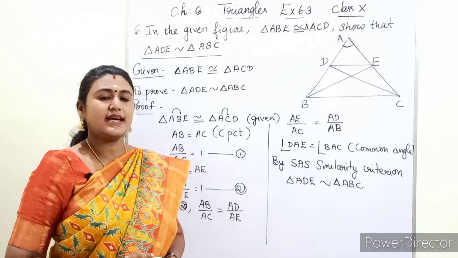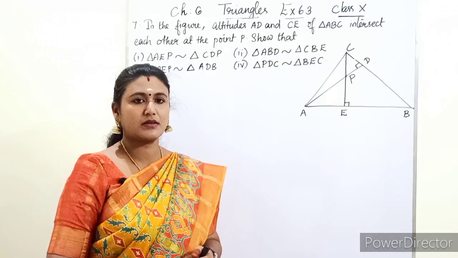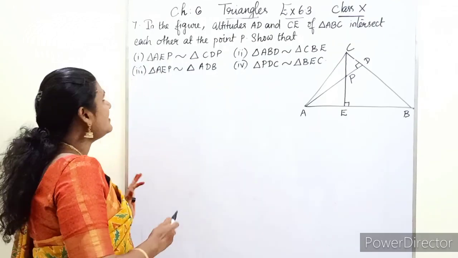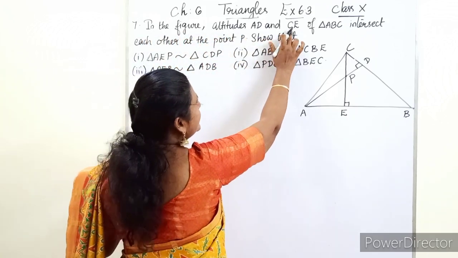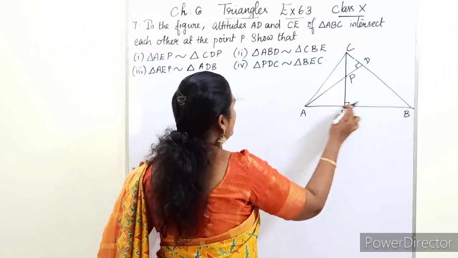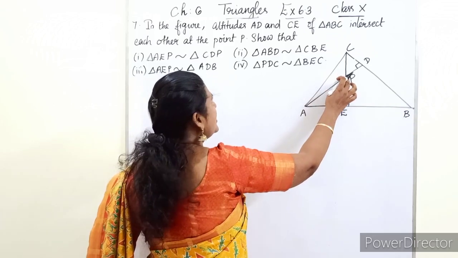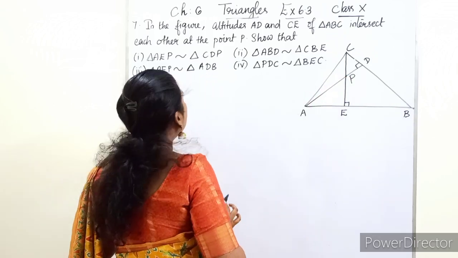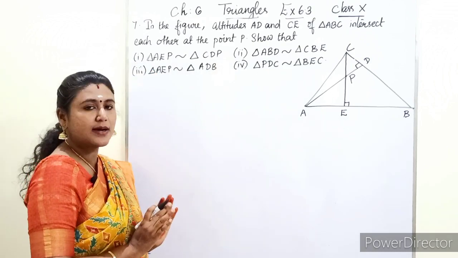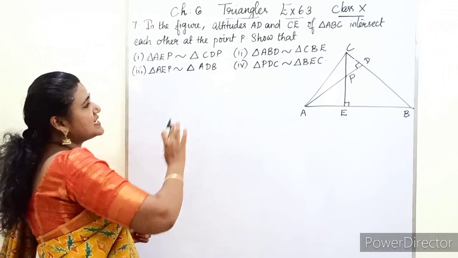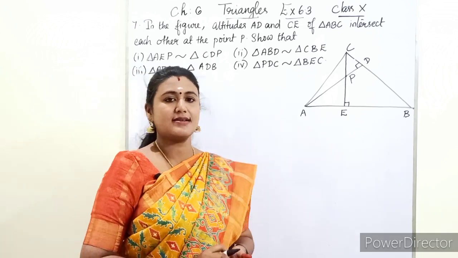Okay, now we will see the next question. Question number 7. In the figure, altitudes AD and CE of triangle ABC intersect each other at the point P. Show that. First, here in this question there are 4 subdivisions, and in each case we have to prove the given triangles are similar.